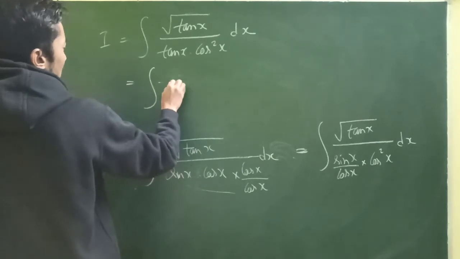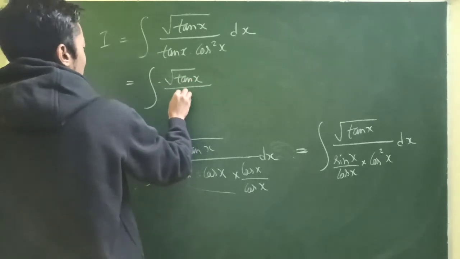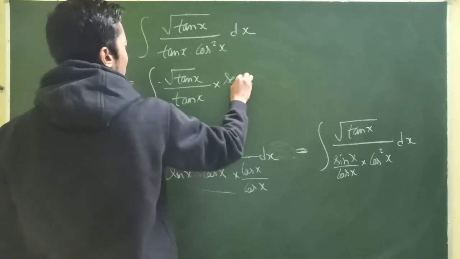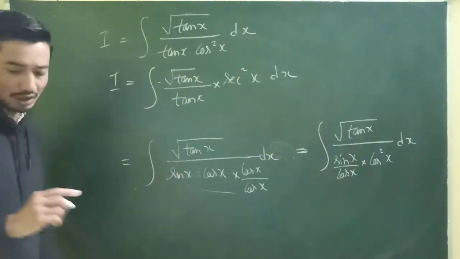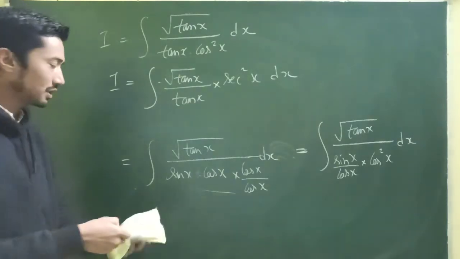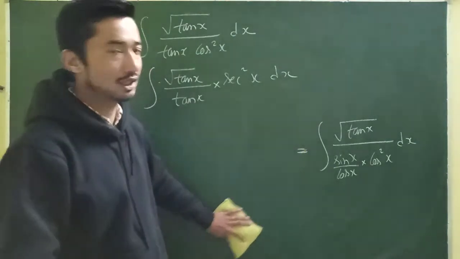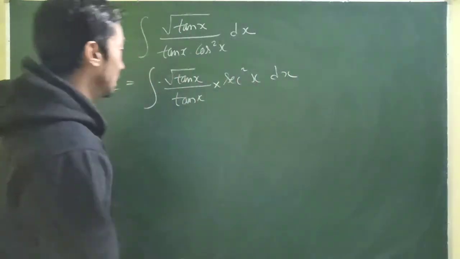That is root over tan x by tan x into 1 by cos square x, which is sec square x. I think now I can substitute, because if I substitute tan x, as I was telling you, we need sec square x, that we have been able to manage to get. So let's see.